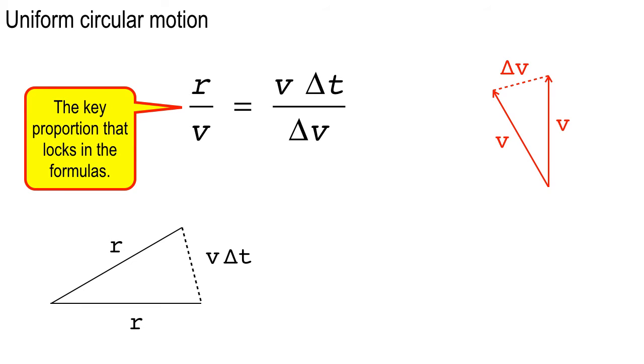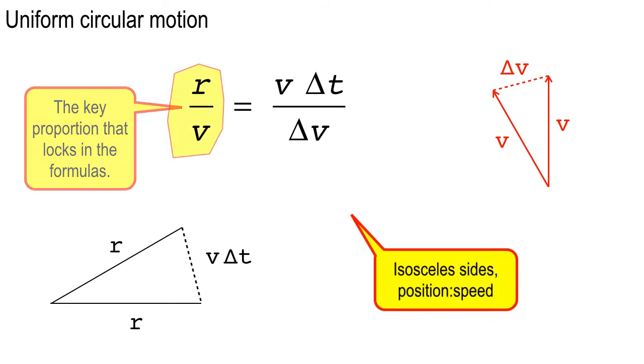Now, Valeria, what we're going to do here is look at the first ratio, and that's this one. Those are the isosceles sides. The isosceles side of the position triangle on the top, and in the denominator, the isosceles side of the velocity triangle.